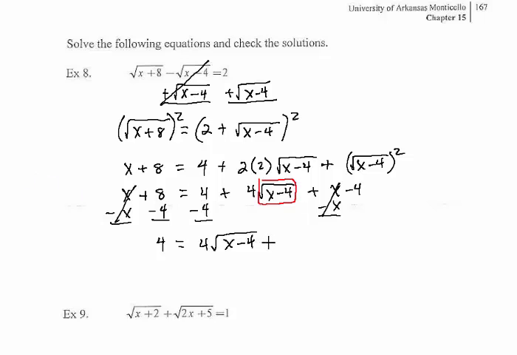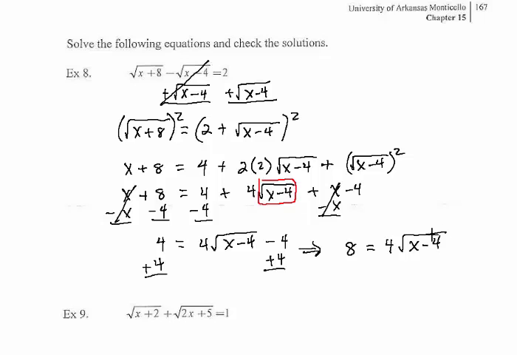We need to move it like we did the other 4, so we'll add 4 again to both sides, and this gives us the equation 8 equals 4 square root of x minus 4.